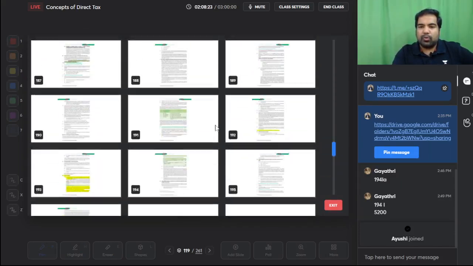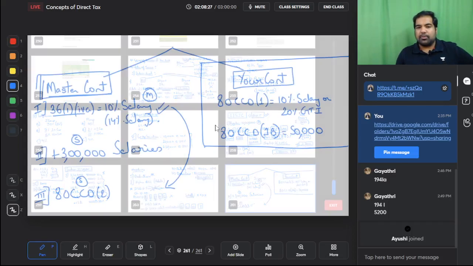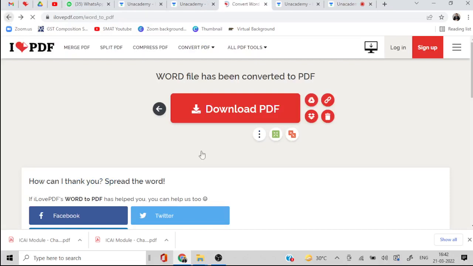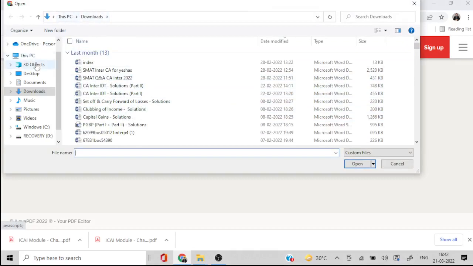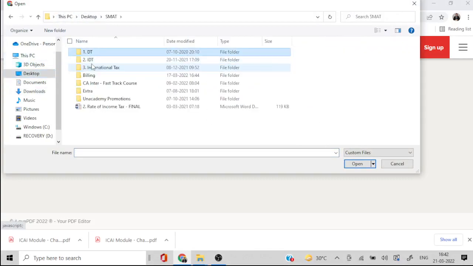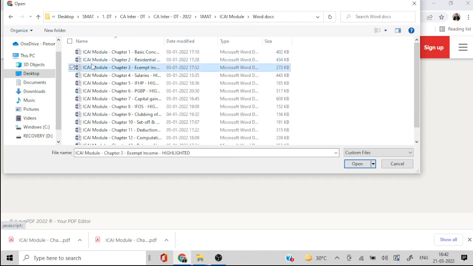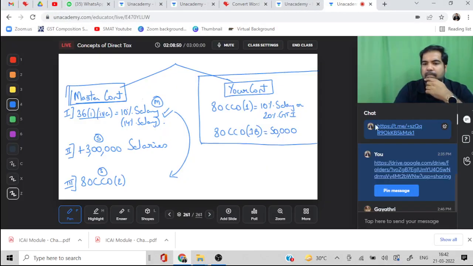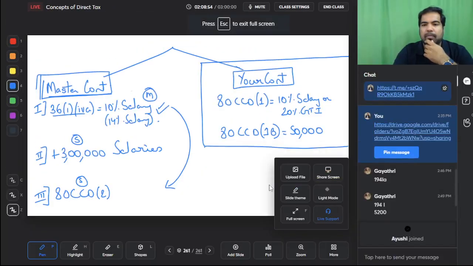What we are now going to do is open up the computation of income chapter. I'm just going to convert the file, and we are going to look at questions back to back from that chapter. So just going to convert that file. One minute. Perfect.